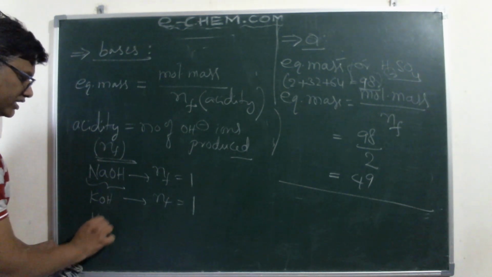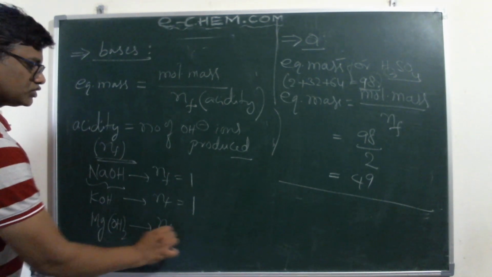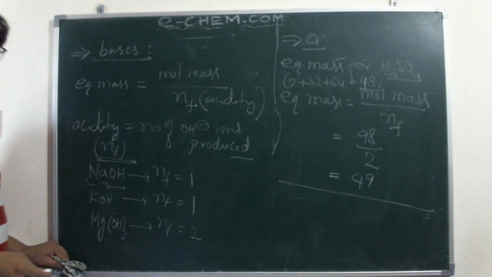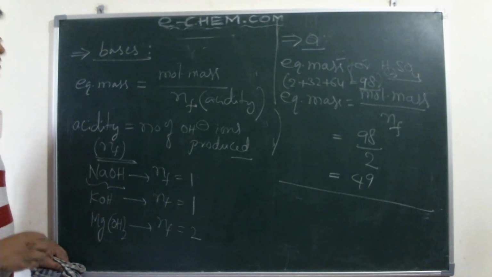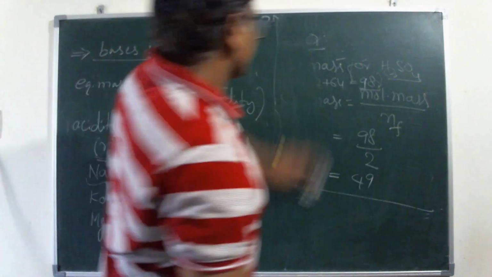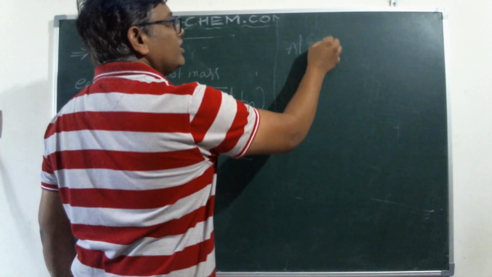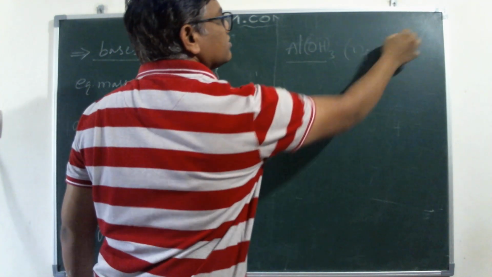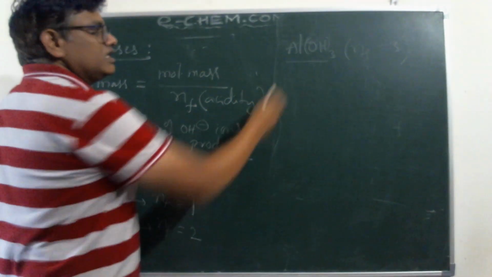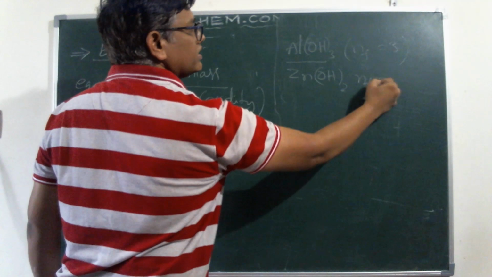And magnesium hydroxide can give 2 OH groups. It can produce 2 OH groups in aqueous medium, so the n factor is taken as 2. Aluminium hydroxide, the n factor is 3. Zinc hydroxide, the n factor is 2.